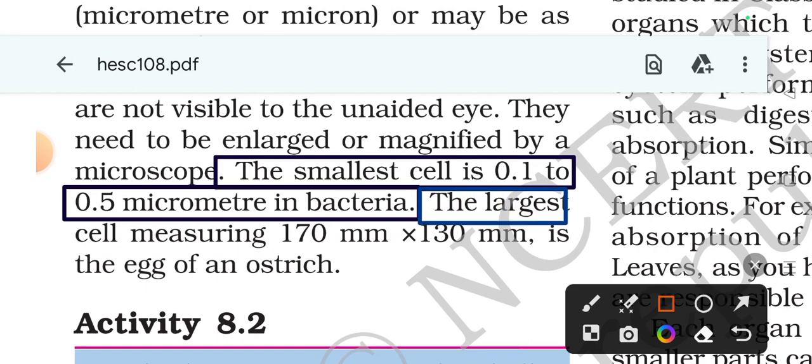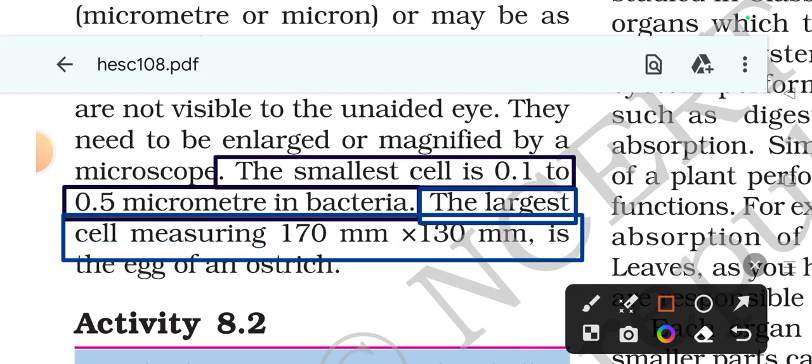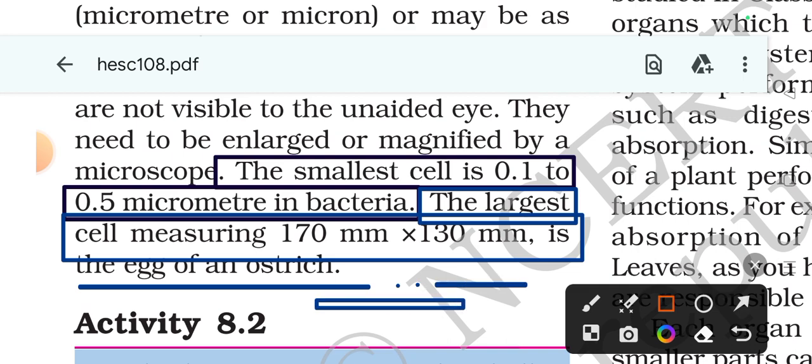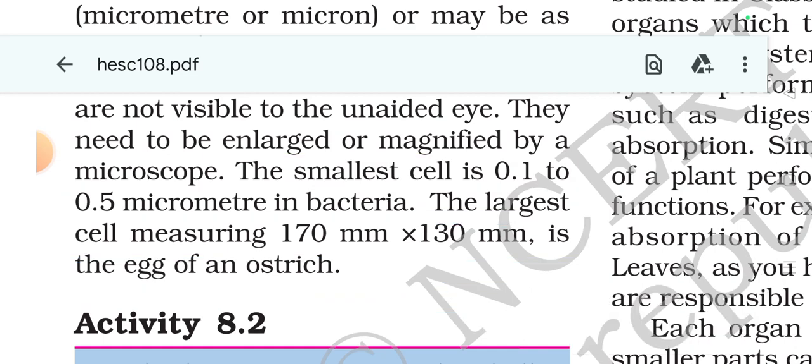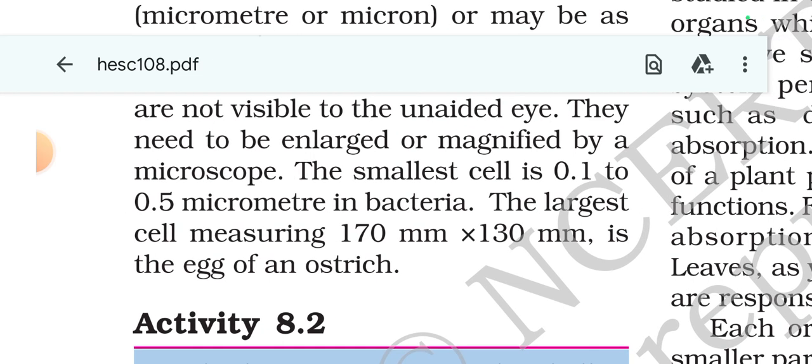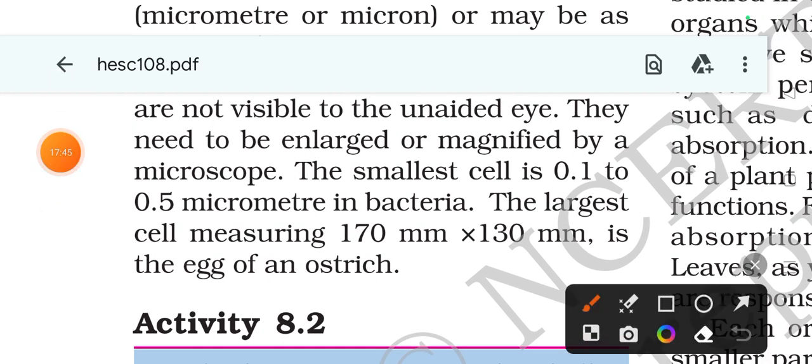And the largest cell, measuring 170 mm into 130 mm, is nothing but an egg of an ostrich. Okay, so this is what our cell is. The smallest cell is 0.1 to 0.5 micron, and the largest one is this one.